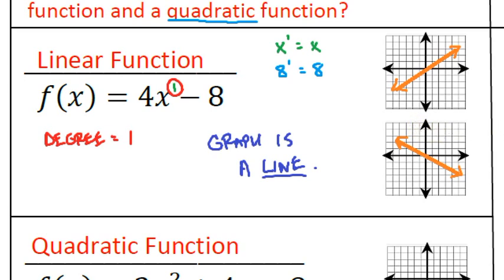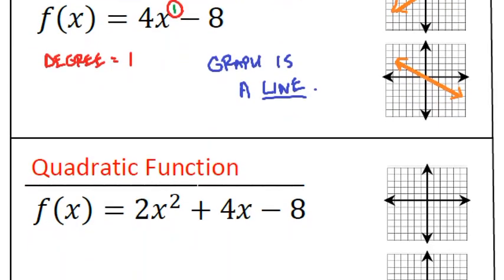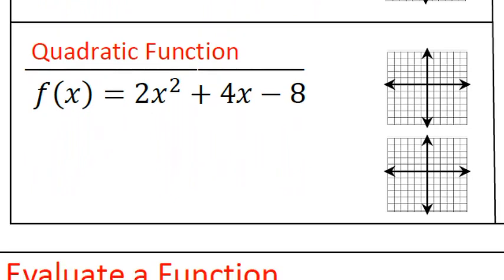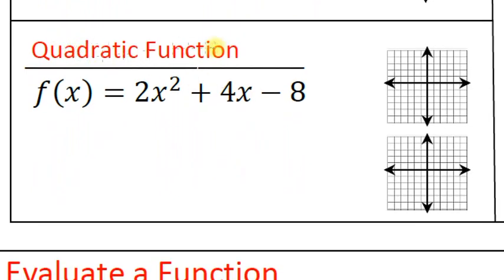All right, let's take a look at quadratic, which is mostly what we'll be dealing with in Integrated Math 2. A quadratic function is different. Notice we do still have a variable with an exponent of 1 right here. But there's also that same variable with an exponent of 2.